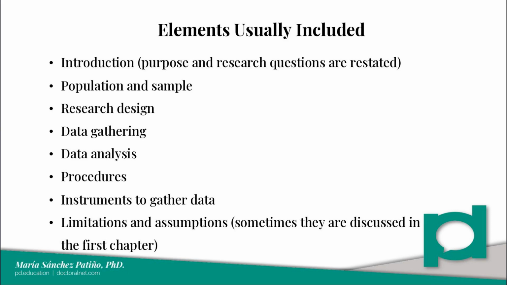As you can see, they refer to who participated in the study, how the whole study was conceived, how the information was collected and analyzed, what steps were followed, what you assume to be true, and what obstacles may have affected the study. I will expand on them in some minutes, so don't worry, I'm going to expand that for you.